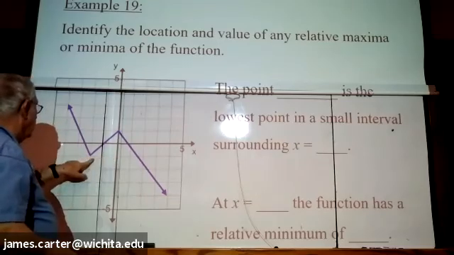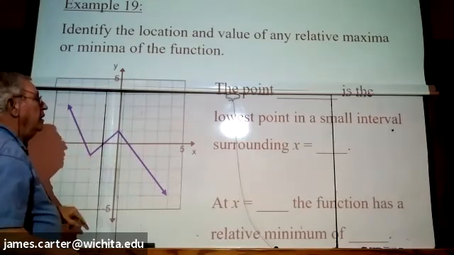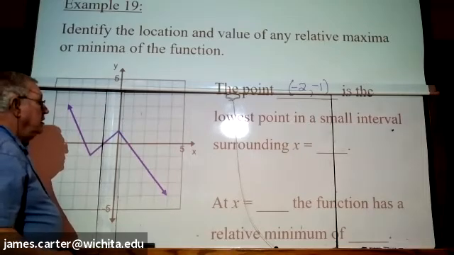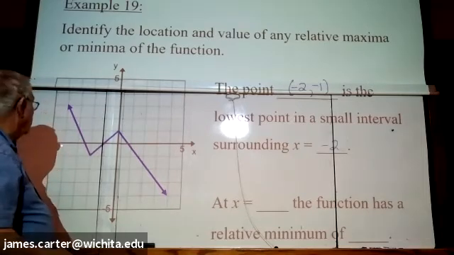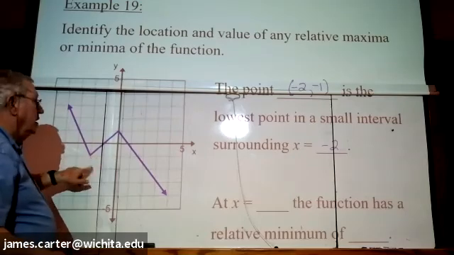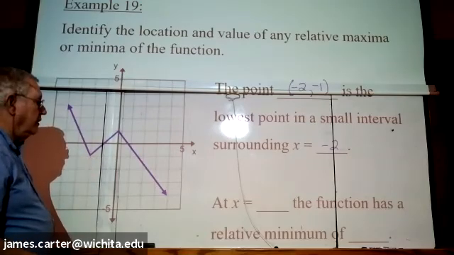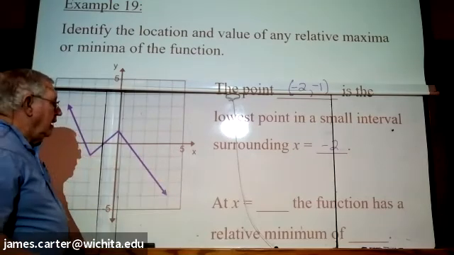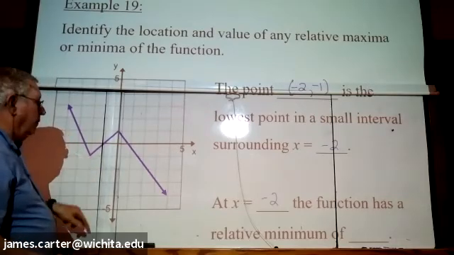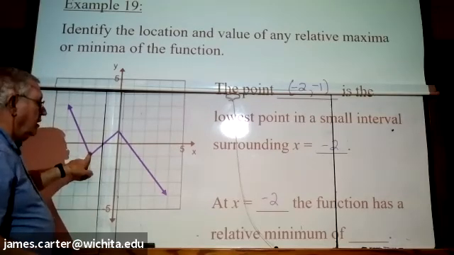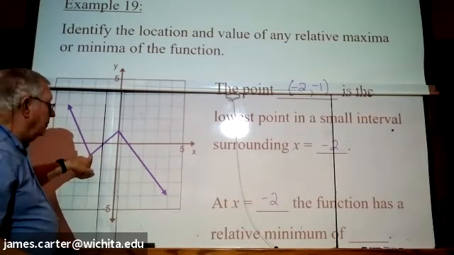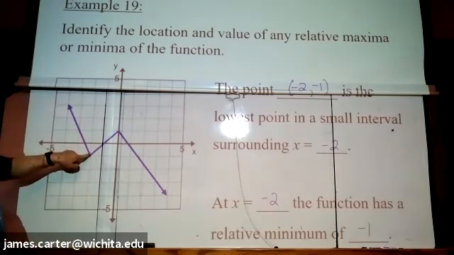So this is -2, -1. Surrounding x equals -2. Again, saying that x is -2. Okay, here at x equals what has a relative minimum, -2. And that relative minimum is -1.